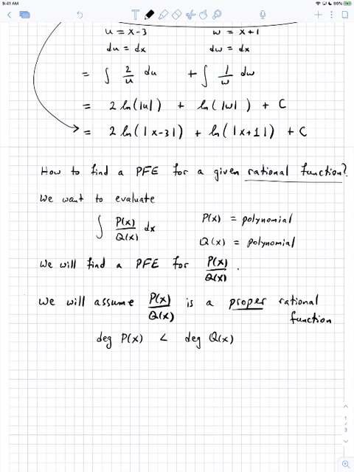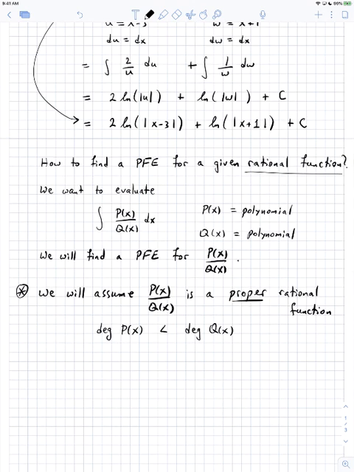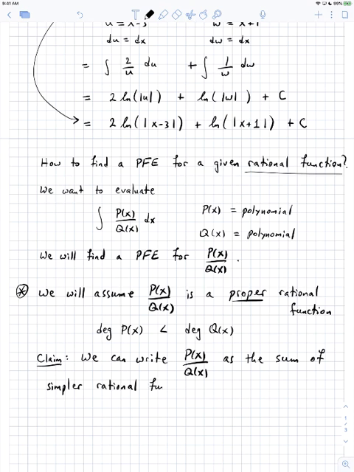So this is our basic assumption that we're going to use, because if you have something like that, then the claim is we can write p of x over q of x as the sum of simpler rational functions.